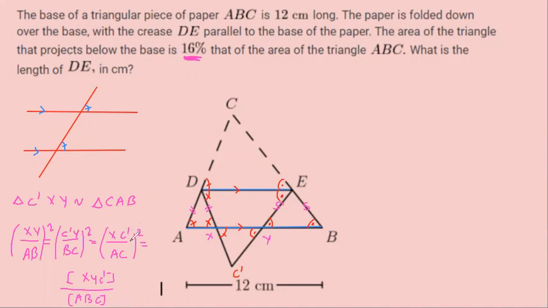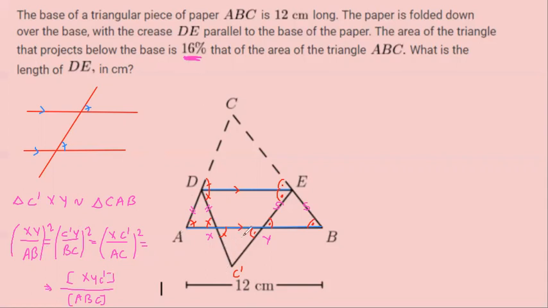So again, when you know the ratio of the similarity, you can square that number to get the ratio of the areas. If you are not familiar with this idea, I highly suggest you look at similar triangles and the relation between similar triangles and their areas. But this is basically the result. If you are not convinced why this is the case, you might want to look at more explanation on this. Okay, but I'm going to use this idea.